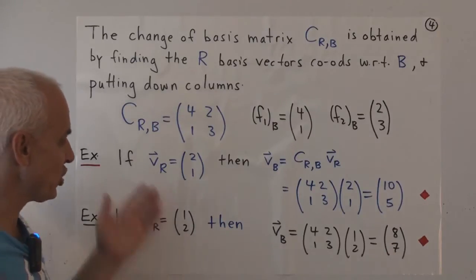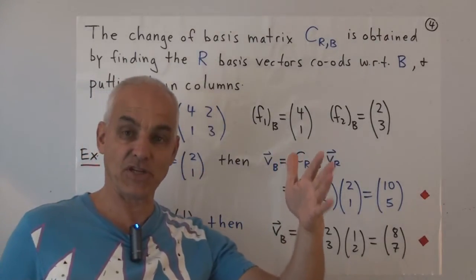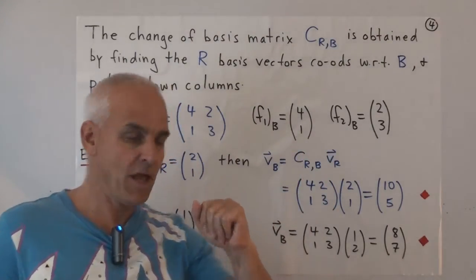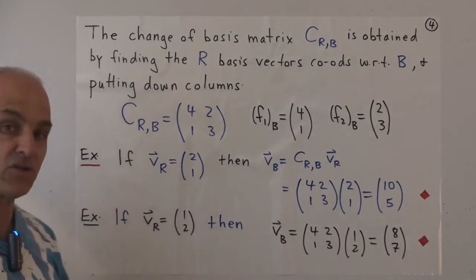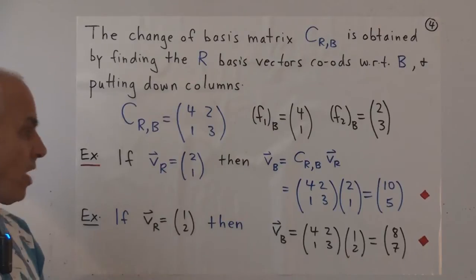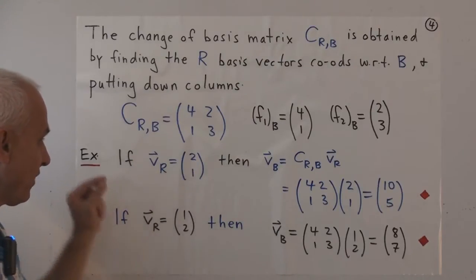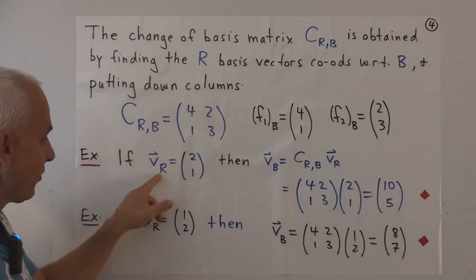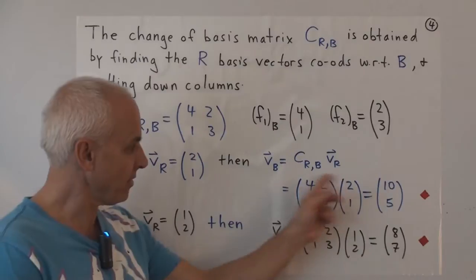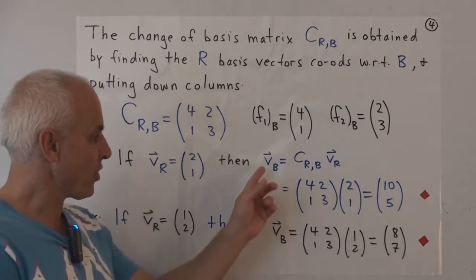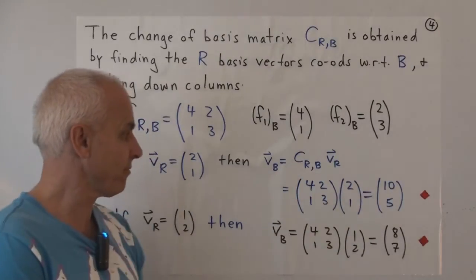Alright, so let's just check now that this formulation does agree with our earlier observations that we started with. Suppose we consider the vector V, whose coordinates in Rachel's system are 2, 1. So the coordinate vector of this vector V is 2, 1 with respect to Rachel. Then according to our basic formula, the coordinates of V with respect to Bob should be given by this.